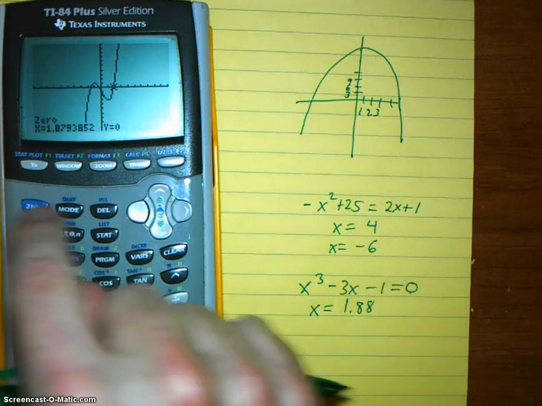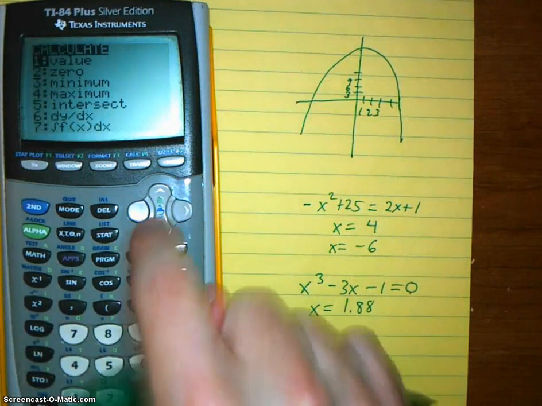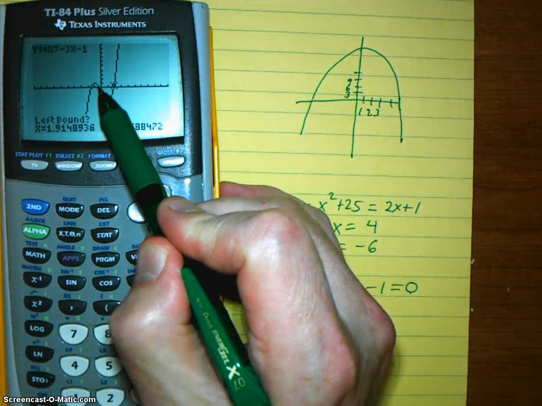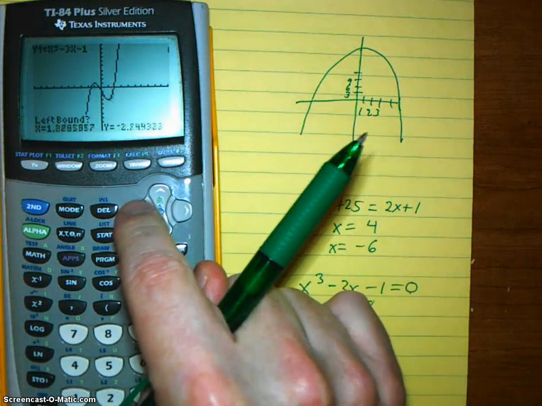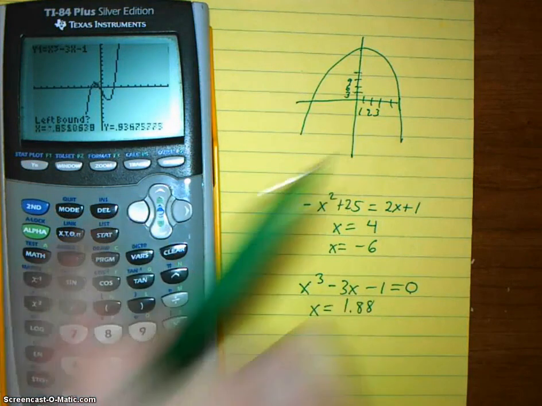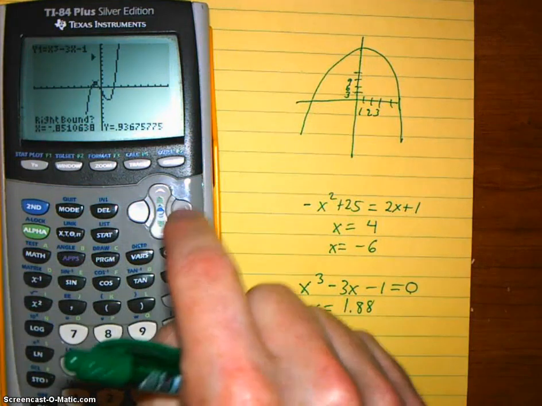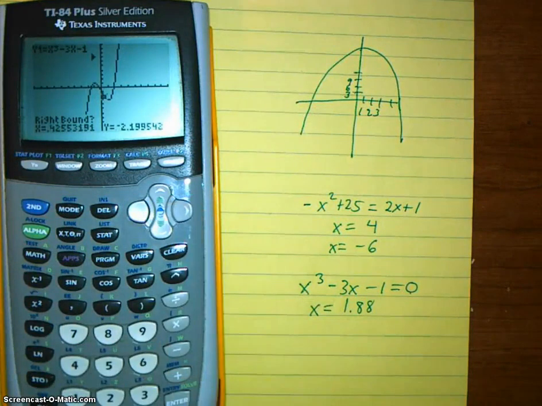All right, then we got to find the other 2. We do the same process again. Zero. Now I'm trying to find the one in the middle. I want to go left of it, but I don't want to go left of the other one. So I'm going to go to that spot right there, hit enter. Move over a little bit here, hit enter. Give it a guess.